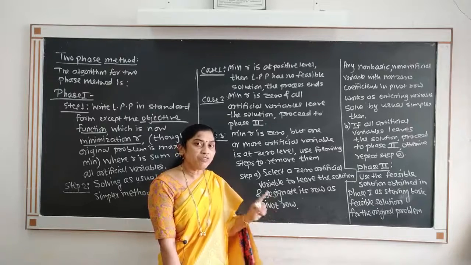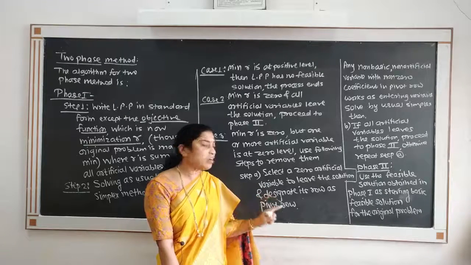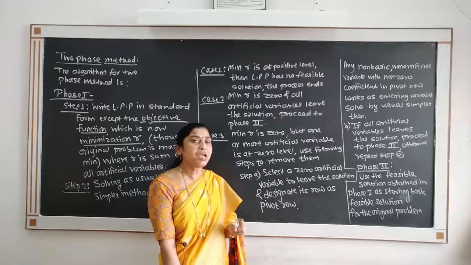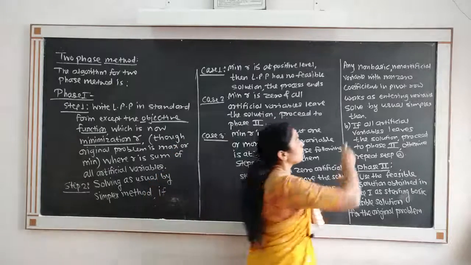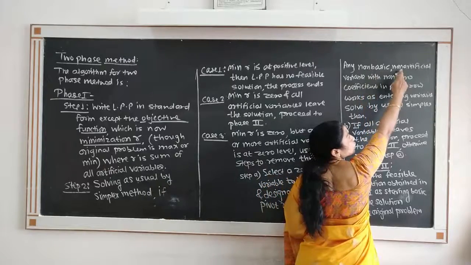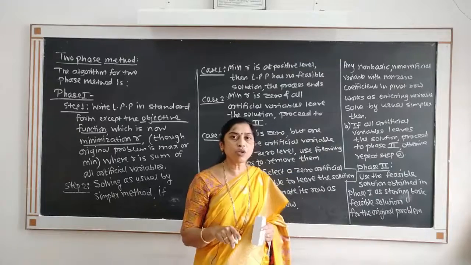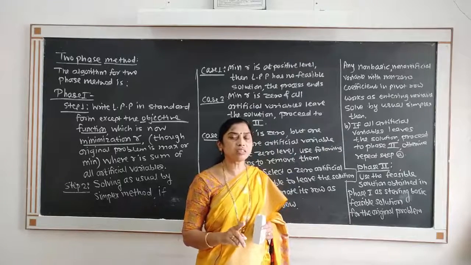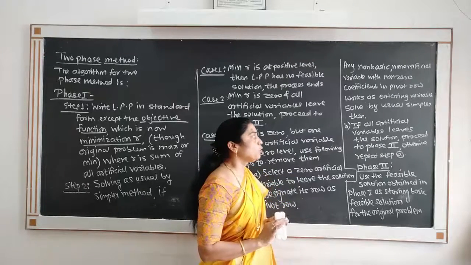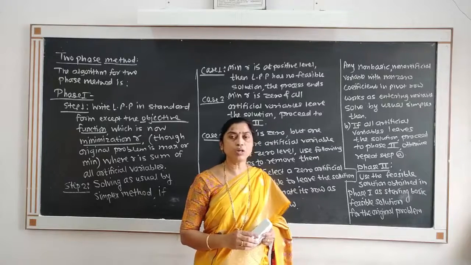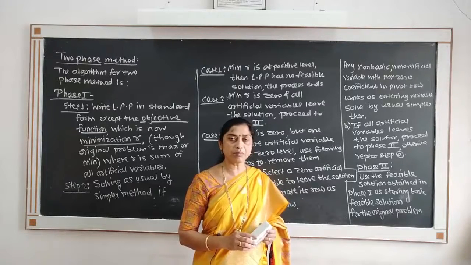That row which contains 0 artificial variable is pivot row. And which is pivot column? The pivot column is nothing but any non-basic, non-artificial variable having non-zero value in pivot row. Once you get pivot row and pivot column, as usual, solve by simplex method.